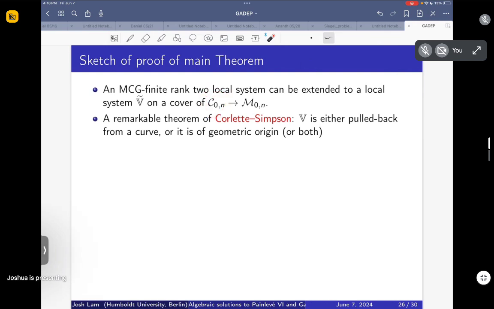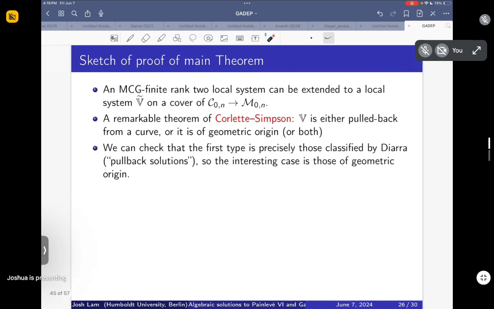There's this very remarkable theorem of Corlette and Simpson, which basically gives a dichotomy. There are two cases. This V tilde, which is the thing on the universal curve, is either pulled back from a fixed curve or it's of geometric origin, or both. Okay, it could be both. Sorry, again, this is V tilde.